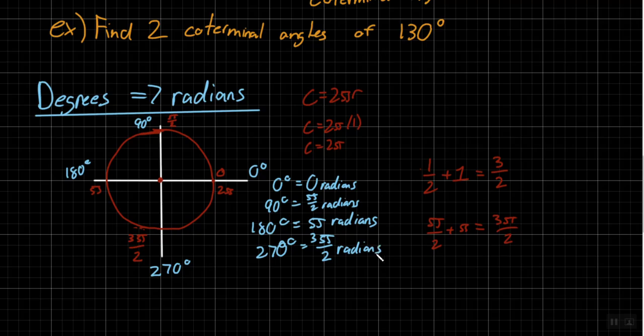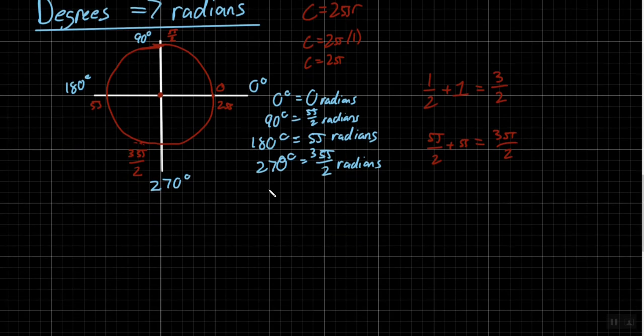We're talking about what part of the circumference we're talking about. The entire circumference is 2 pi, and once we get to 180 degrees we're talking about half of it. A full circle is 360, half of it is 180, so half the circumference would be pi. Full circumference is 2 pi.